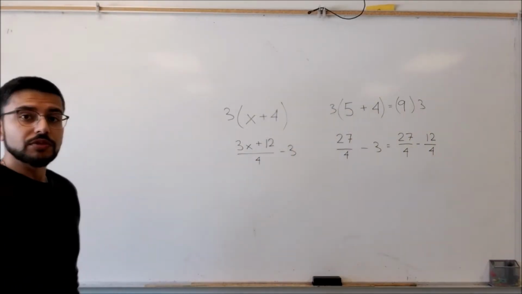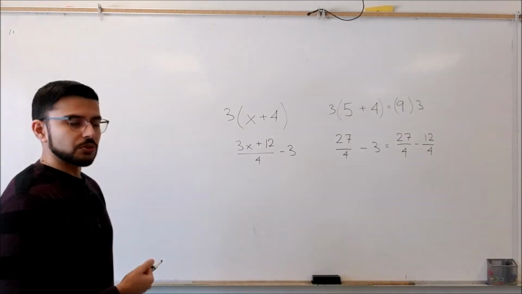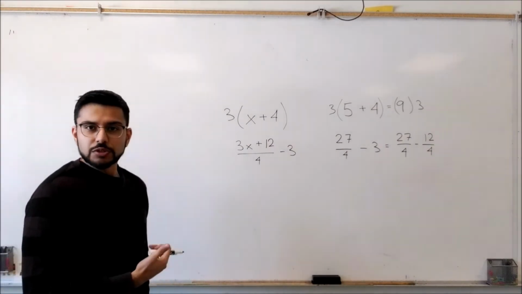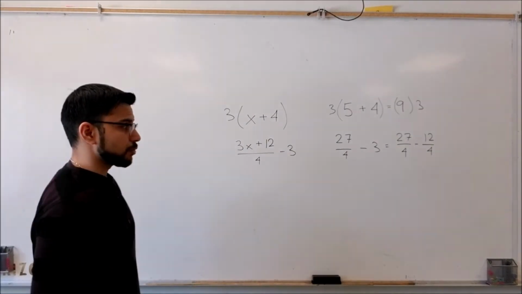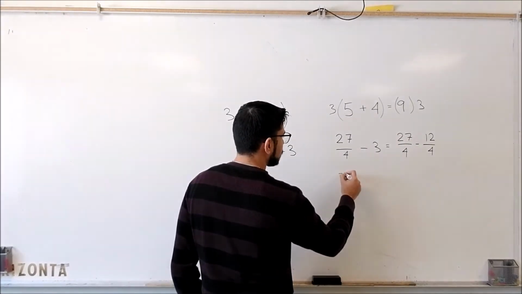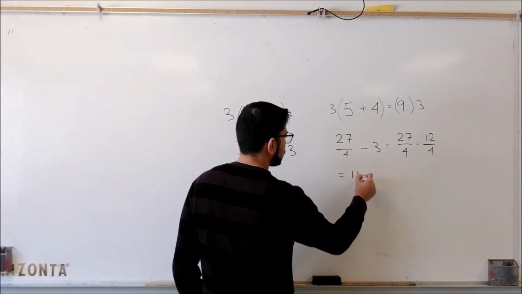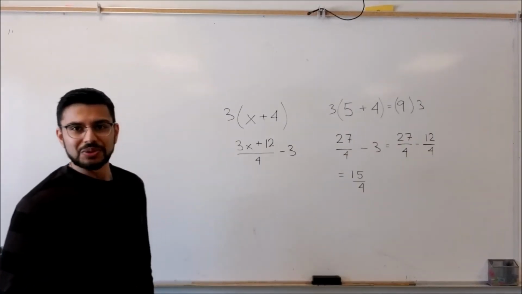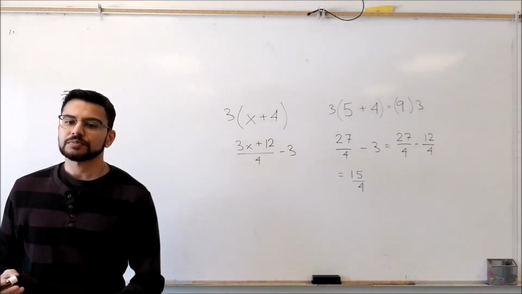And that's because 12 divided by 4 is equal to 3. So we're still just subtracting 3. It's not changing the math, we're just making it a little bit easier for us, because now I can subtract 27 over 4 minus 12 over 4. I'm back to a number that I can play with.